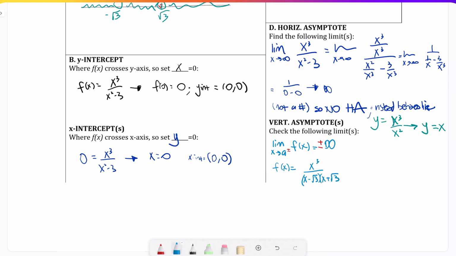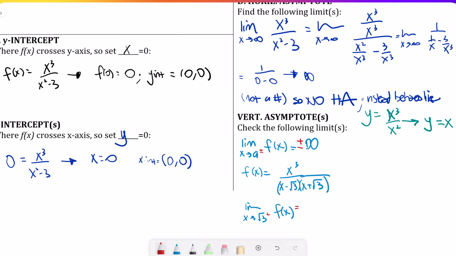You've got to know your fundamental algebra. And so thus the limit as x approaches radical 3 of f of x, what would that be? Well, it looks like it may depend on where we're coming from. If we're approaching radical 3 from the right, then I'm bigger than radical 3. Everything's positive. That's going to be positive infinity.